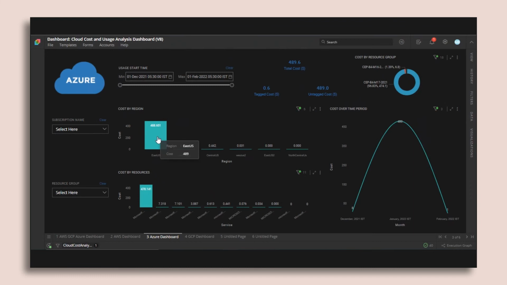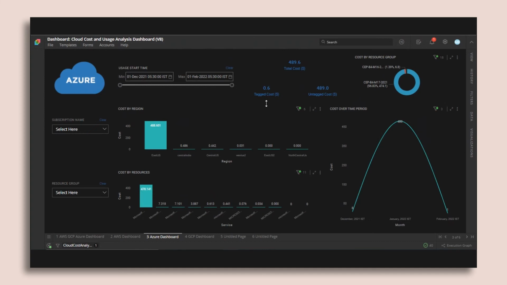We can identify the regions that are being used. If there are distributed regions, we can see if they can be consolidated, right? We identify the services which are mostly used. We can identify the tag policies, right, which are missing so that we can get towards more and more tagging based cost structure.